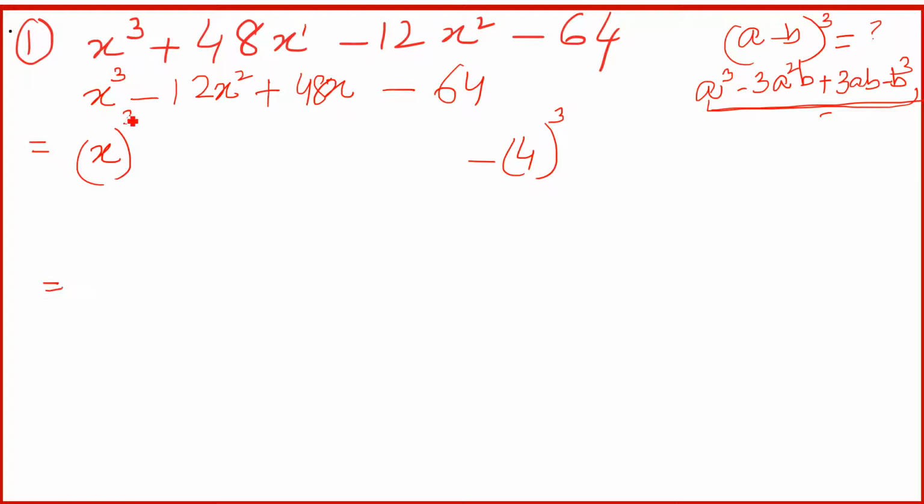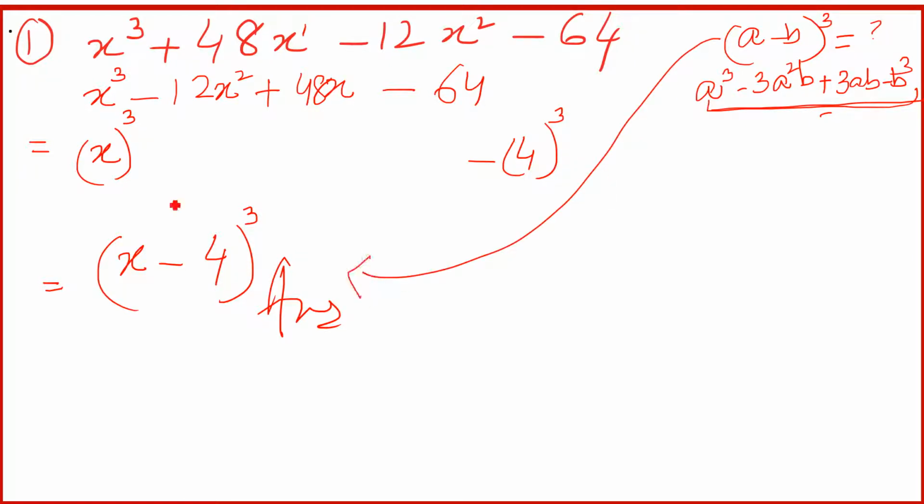Just make the cube of the first term, make the cube of the last term, whatever is inside the parenthesis, not the cube: x, and here, 4. But what sign will we use? Negative, because it is a minus b whole cube. So this is your answer. The question is what is a minus b, right? So very simply, make the cube of the first, make the cube of the last one, whatever is inside the parenthesis, and this is your answer.